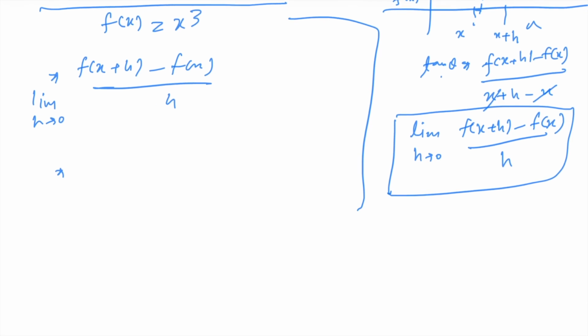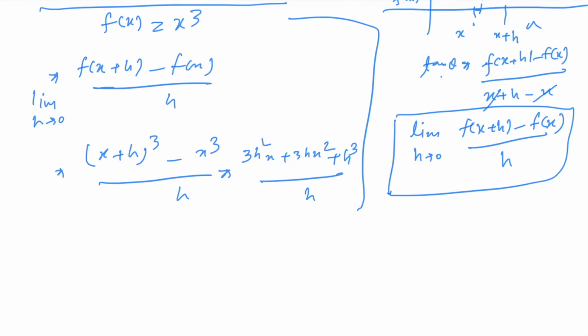Okay, so for example, we'll write (x plus h) cube minus x cube upon h. After expansion, the x cube will cancel out and we'll have 3h square x plus 3hx square plus h cube, divided by h. h will cancel out, right? Wherever h is there, since h is 0, we can eliminate that, and the remaining is 3x square.